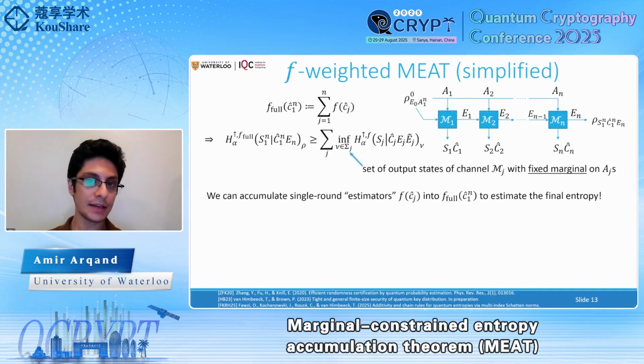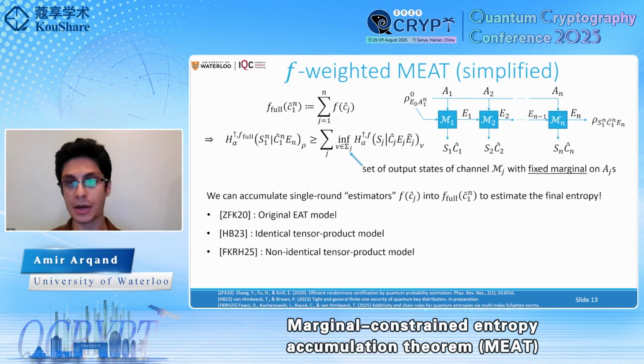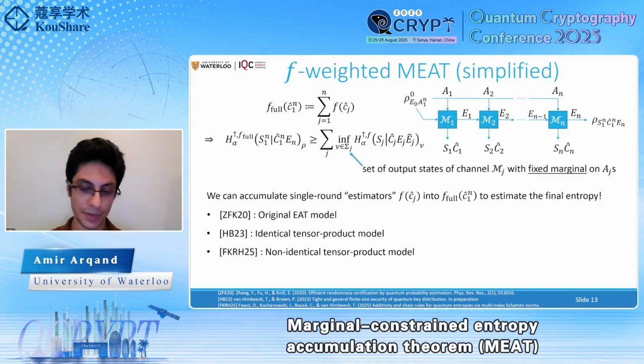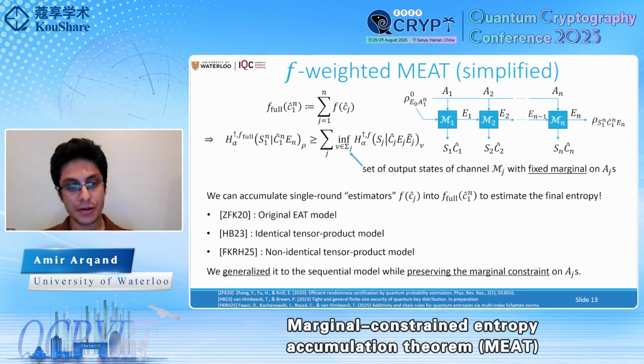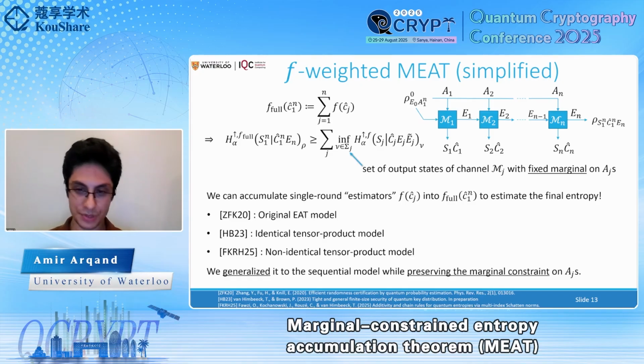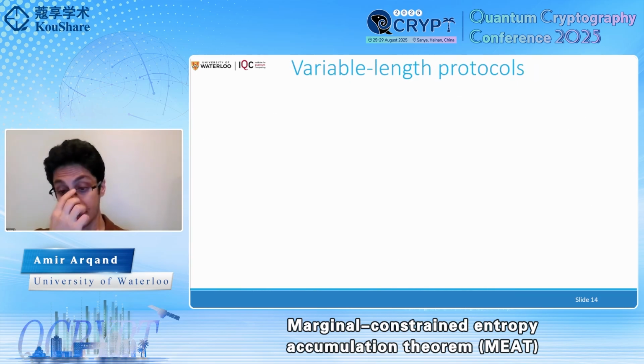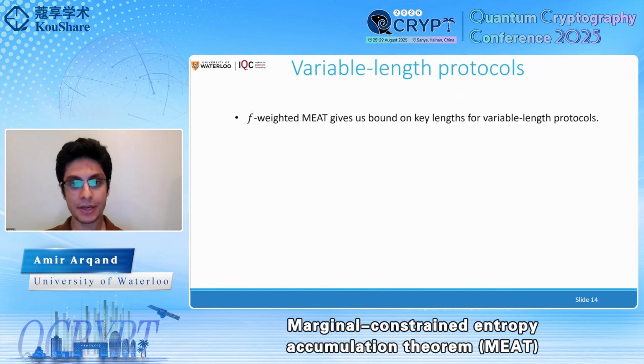So this idea of bounding these F-weighted entropies has been explored in various frameworks: the original EAT model, the generalized EAT model, and very recently the identical tensor product model and non-identical tensor product model. And we actually generalized it to the case where we have this sequential form while preserving the marginal constraint. Okay, so that means using this F-weighted meet, we can have bounds on the key length for variable length protocols.